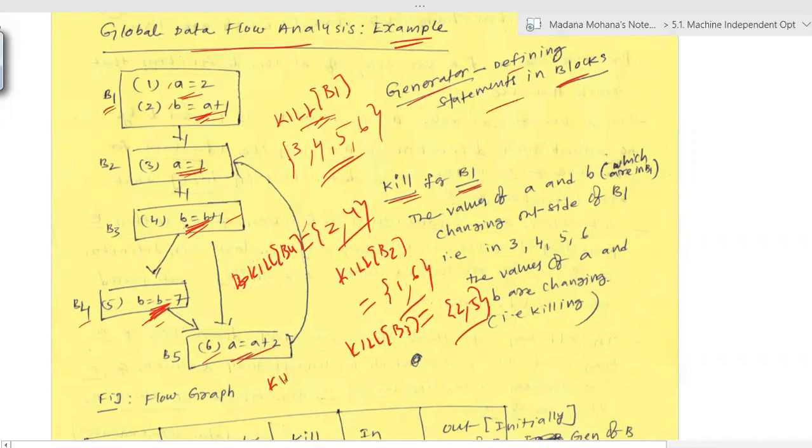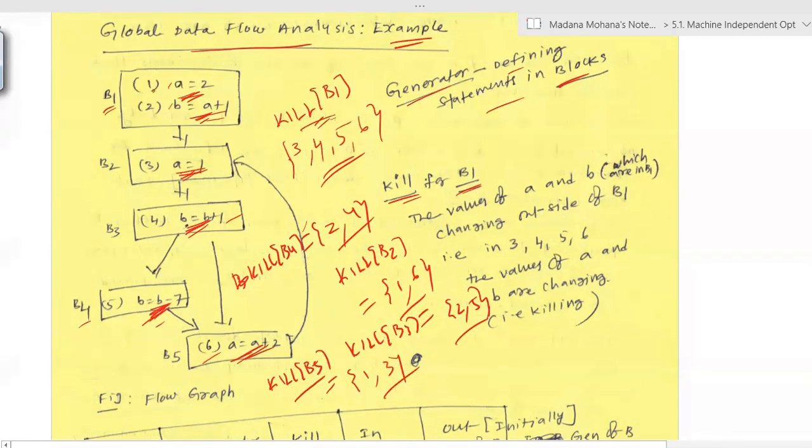Then similarly, KILL of B5. In B5, the original statement is A equal to A plus 2, where A is used outside. In the first block, the first statement, the definition is 2, but here A plus 2, so killed, 1. Then again, the third statement in B2 also has a different definition. So only 2 places, 1, 3 are the KILL of B5.